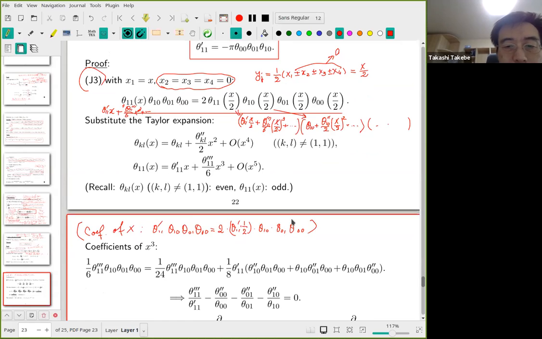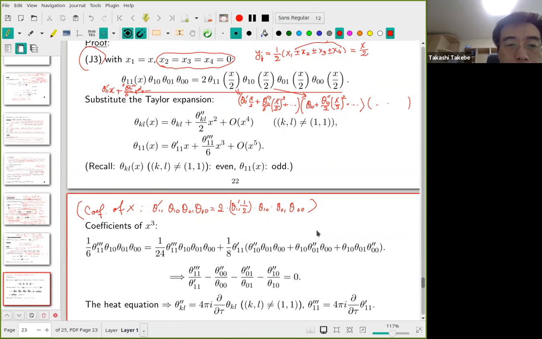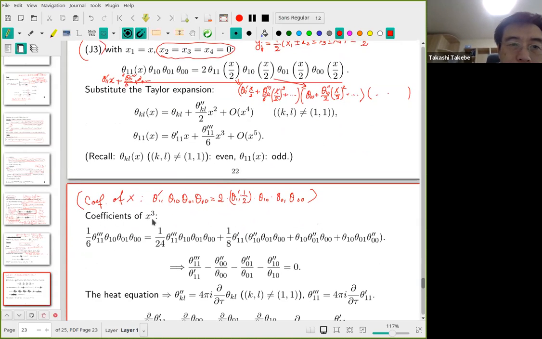So the first term gives us no information, but the second coefficients, namely the coefficients of x cubed, are essential to us. The left-hand side gives this, and the right-hand side gives this.